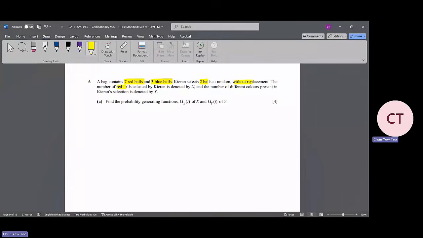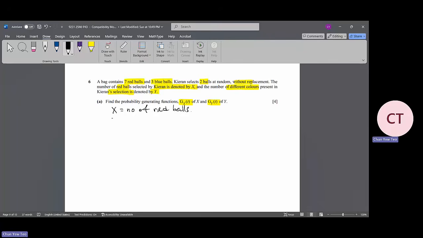The number of red balls selected by Kiran is denoted by X, and the number of different colors present in Kiran's selection is denoted by Y. So we want to find the PGF for X and the PGF for Y. So over here, X equals the number of red balls. So X can be no red ball, one red ball, or two red balls. Okay, so we have a random variable 0, 1, and 2.